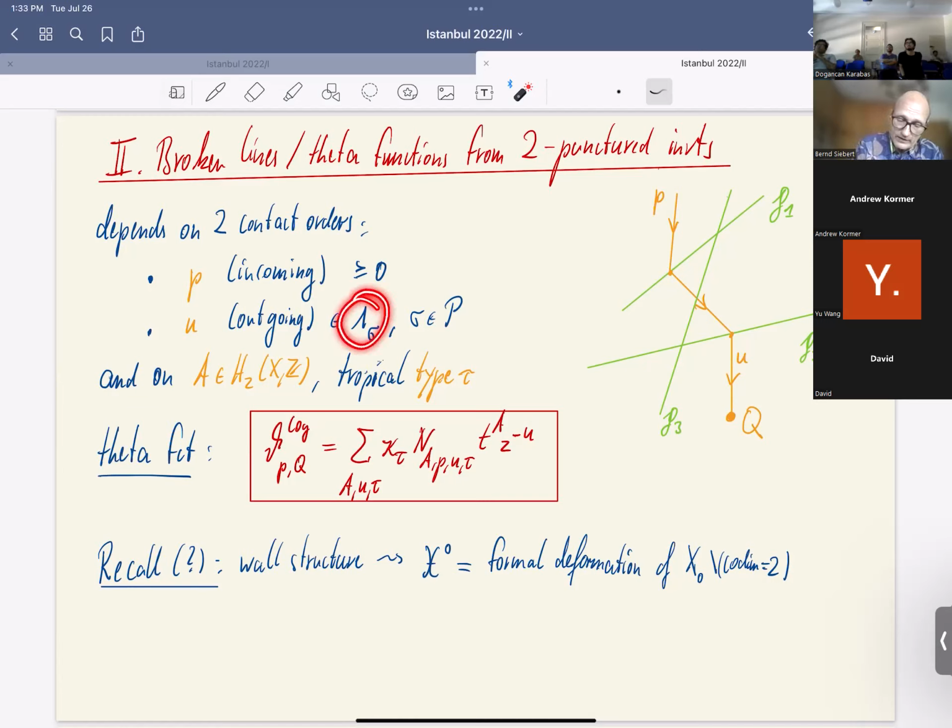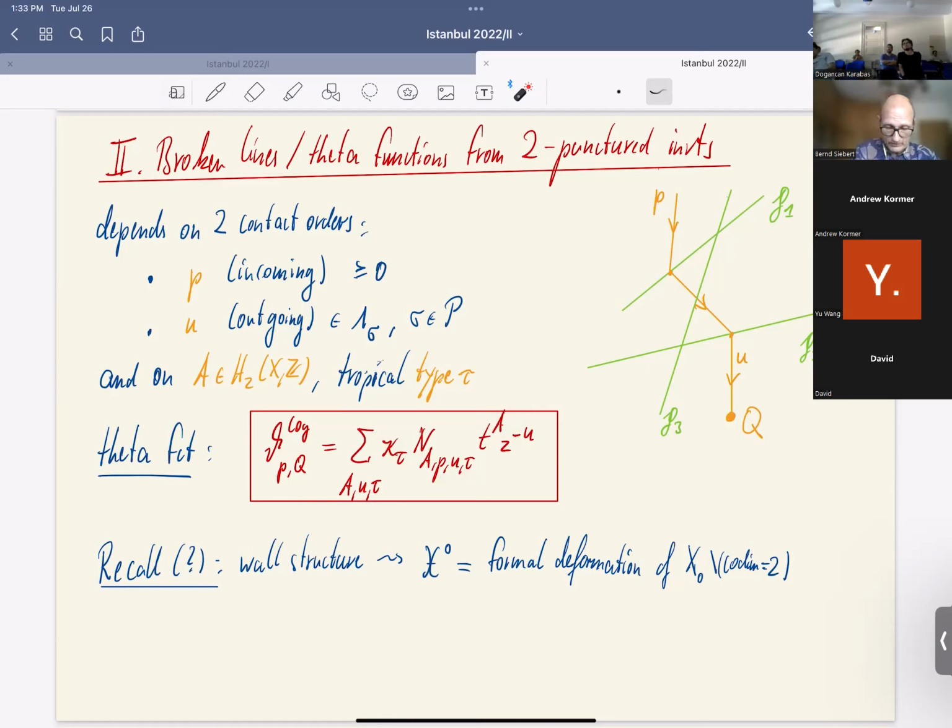But it lies in the integral tangent vector of some cell sigma. And then of course some homology class for your curve, some curve class, and the tropical type tau. And then you can define some kind of enumerative theta function at a point Q, some formula involving these two punctured invariants.